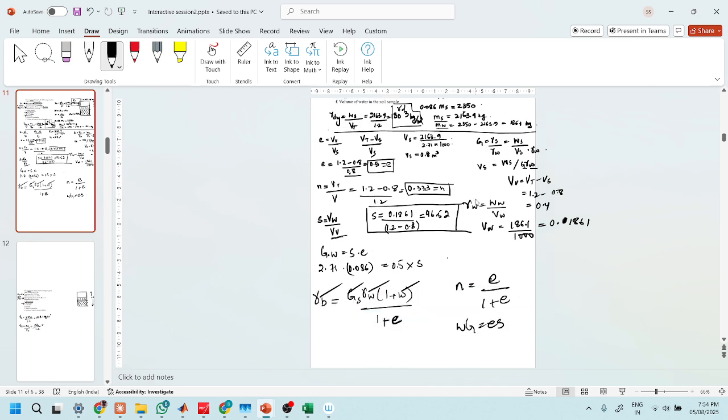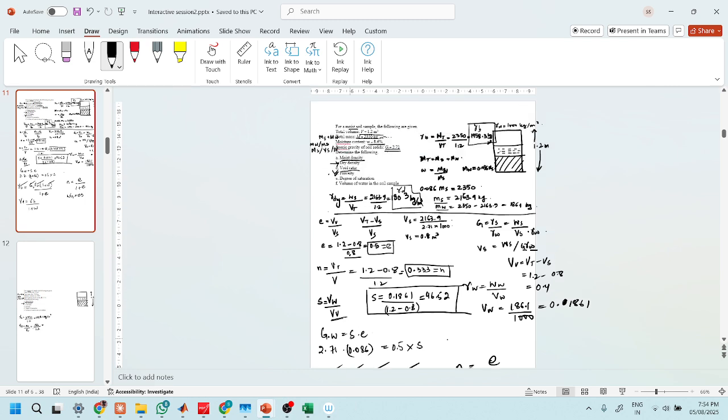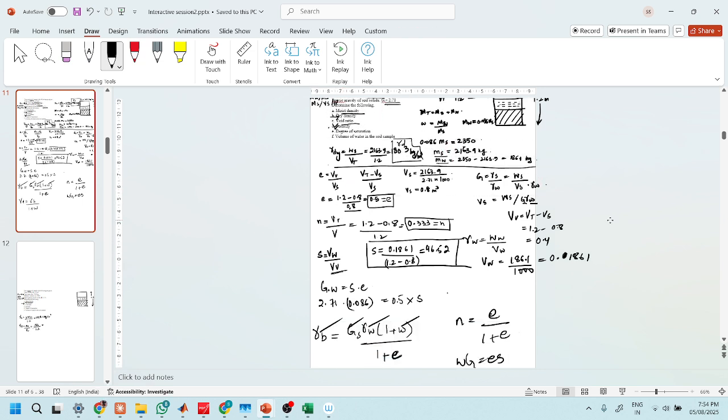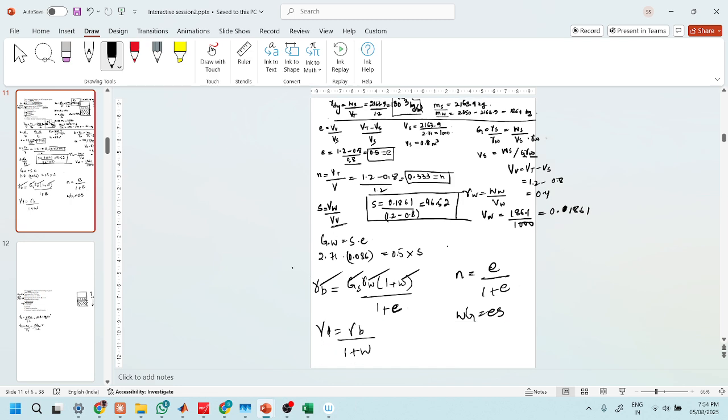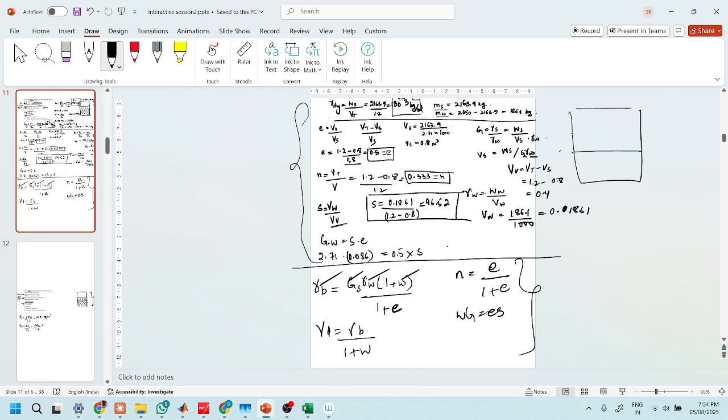And dry density, you can do gamma D equals gamma B over 1 plus W. So these are the two ways of doing it. Either you have all the formulas in your mind, or you can calculate it from your three-phase diagram, how much was water and what were all these quantities.